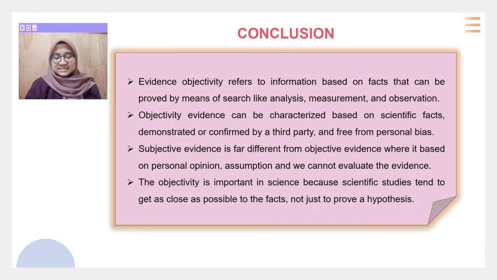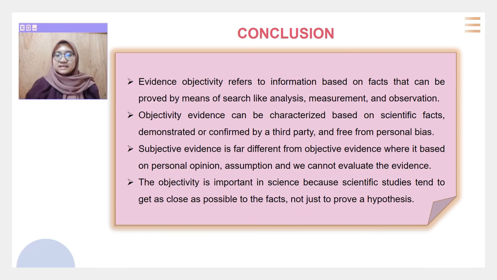As for the conclusion, objective evidence refers to information based on fact that can be proved by means of research like analysis, measurement, and observation. Objective evidence can be characterized as based on scientific facts, demonstrated or confirmed by a third party, and free from personal bias.